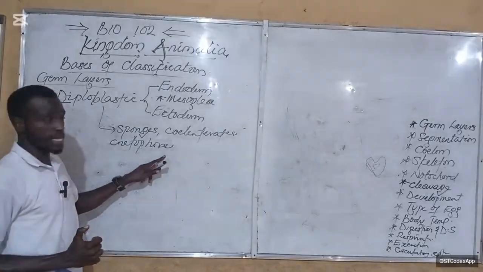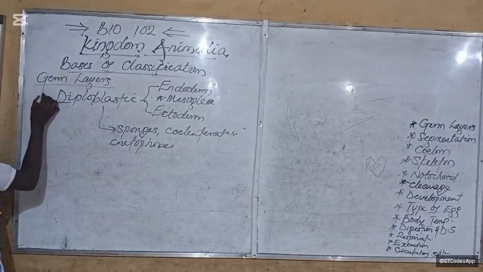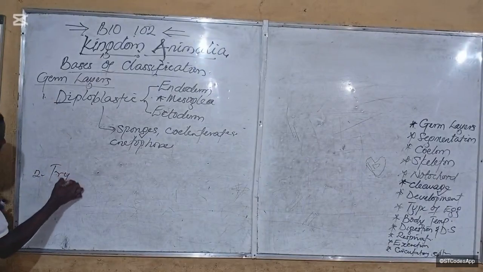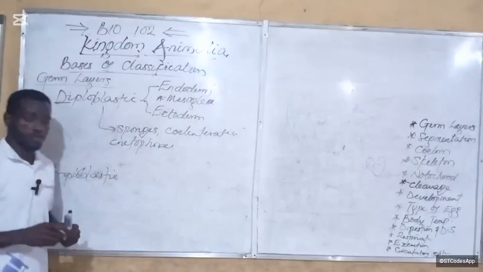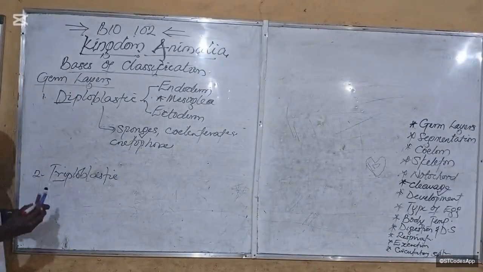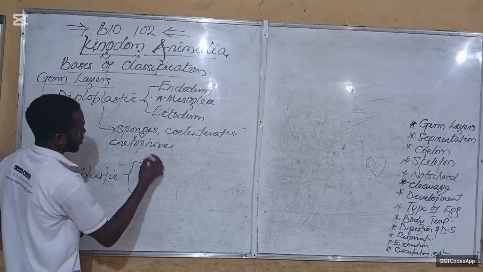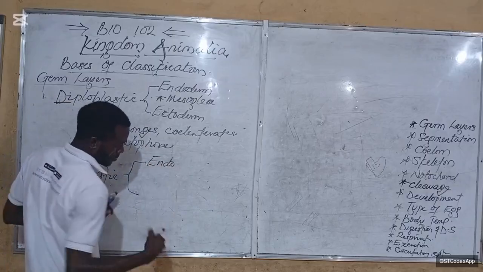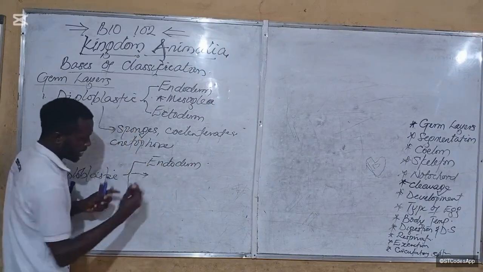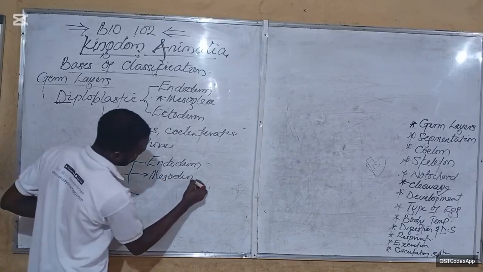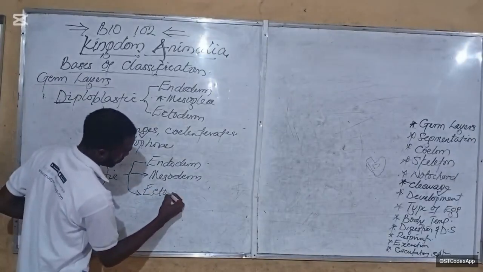So they are diploblastic. Then the second type of germ layer that we have is the triploblastic organism, from the word tri. Tri means three, right? So it means that they have three germ layers, which are the endoderm, the inner layer, the mesoderm, the middle layer, and the outer layer, which is the ectoderm.